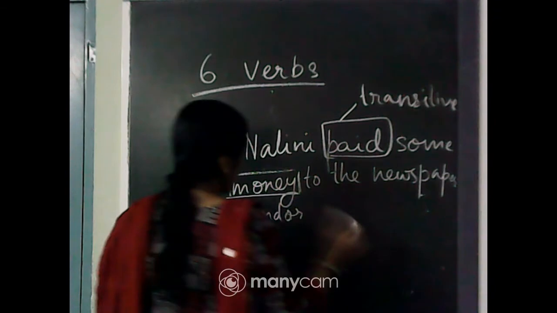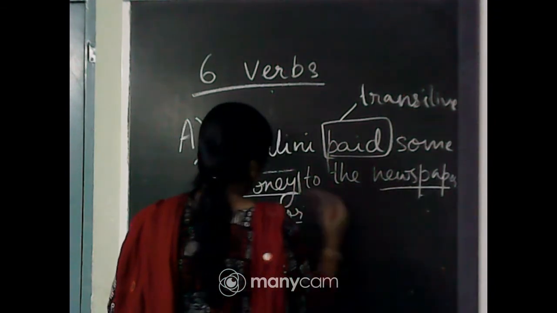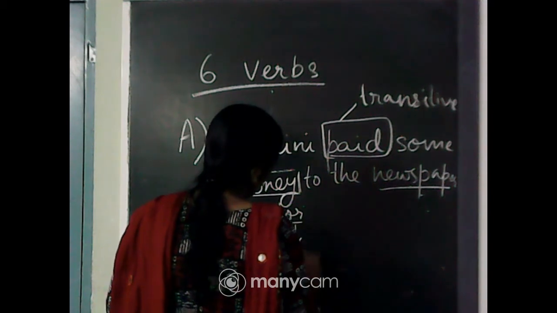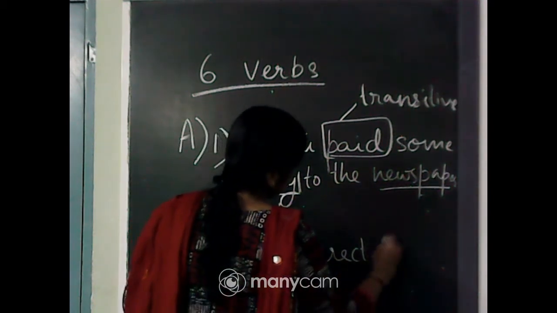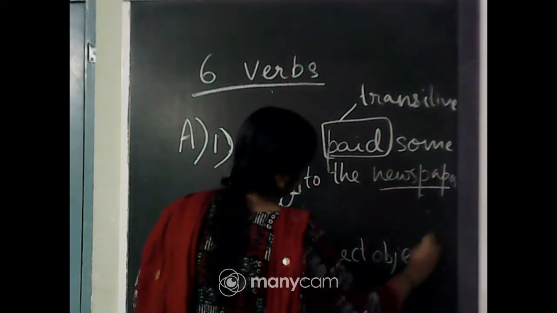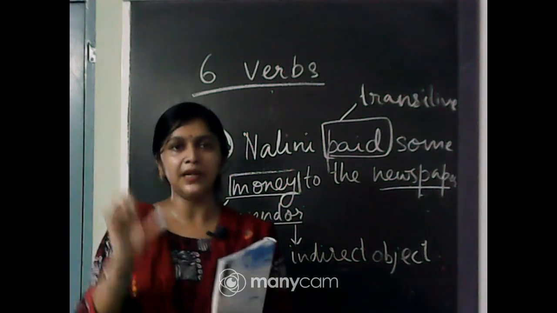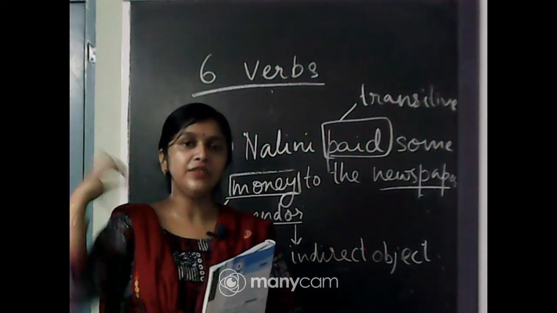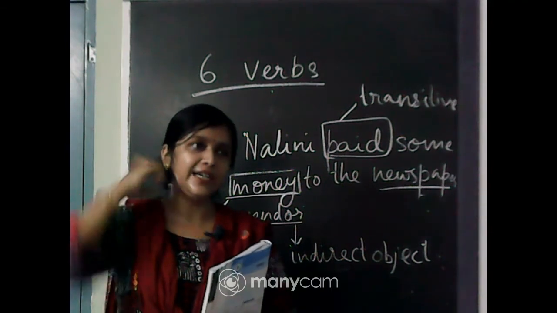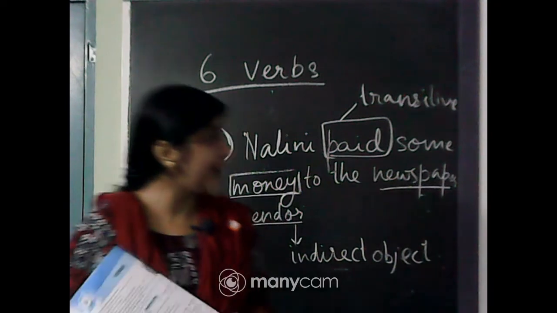And what is the indirect object? The newspaper vendor. He is the person who is indirectly being affected by the action of the verb, and so it is the indirect object. How will you do it in your book? You will underline it and mark it. Beside the verb you can write transitive, along with the object you can write direct or indirect. You can do it in your book for now. Later you can write it in your copy.